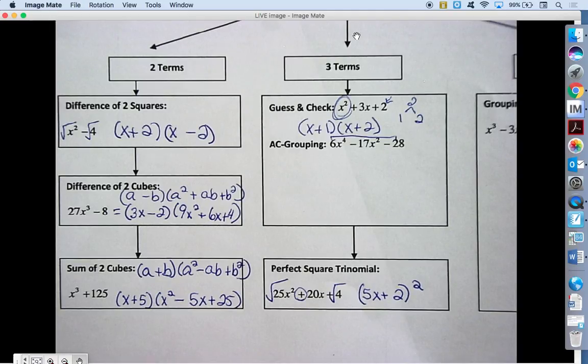Like this has x to the 4th here. You still have to do it. Even if it was x to the 6th, x to the 8th, any even power there, you would use AC grouping. As long as it's 3 terms, you're going to do the AC grouping.